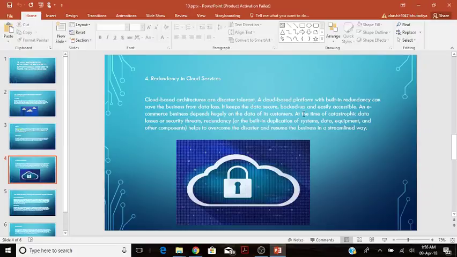Whenever you lose data, or something happens, or it is physically stolen, you can restore your data. An e-commerce business depends hugely on the data of its customers, and data loss is a security threat. Redundancy helps to overcome the disaster or resume the business in a regular way.